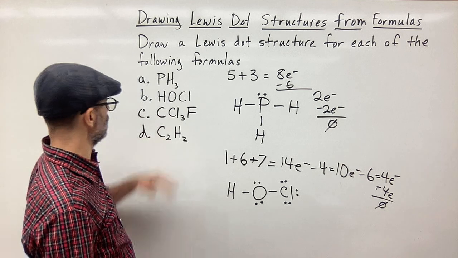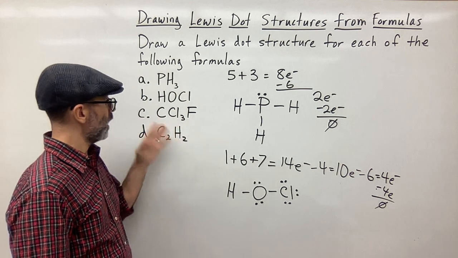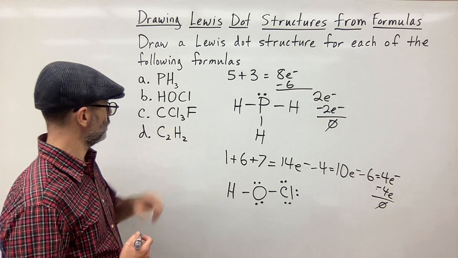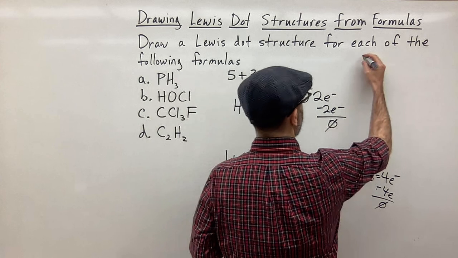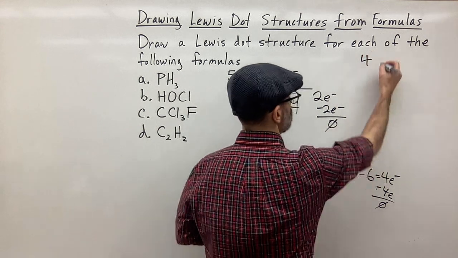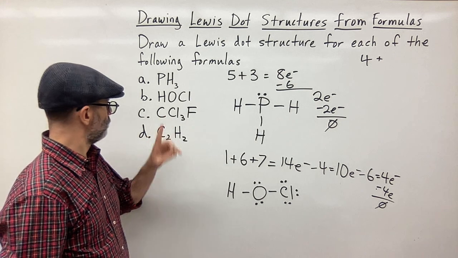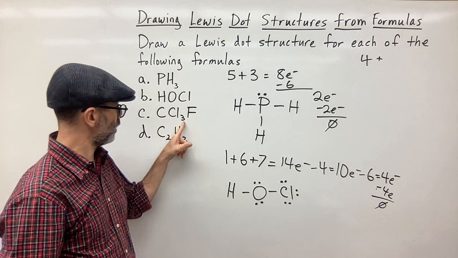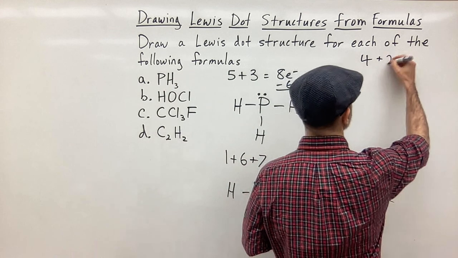All right, let's do C. Again, I have this formula. The first step is to add up the valence electrons. Carbon has 4 valence electrons because it's in group 4. Chlorine, again, is in group 7, and I have 3 of them, so 3 times 7 is 21.